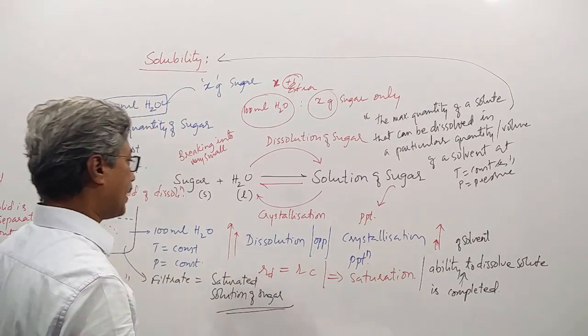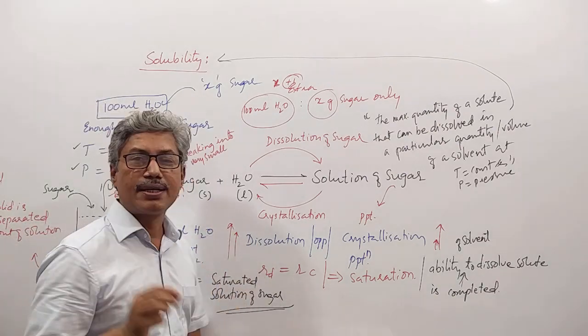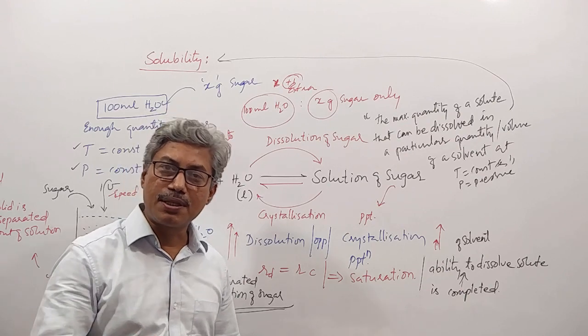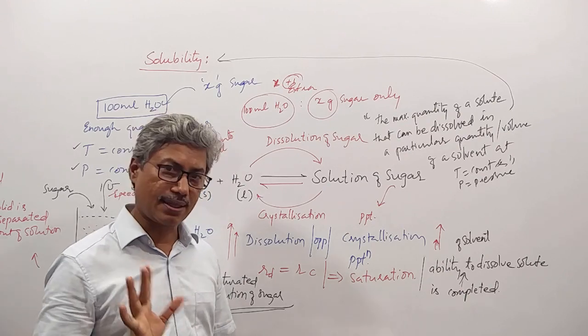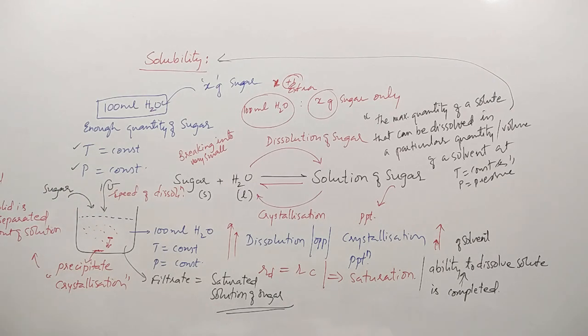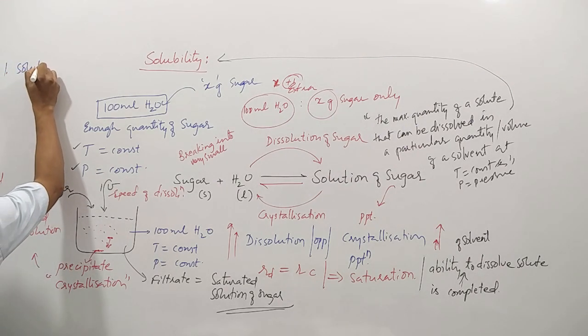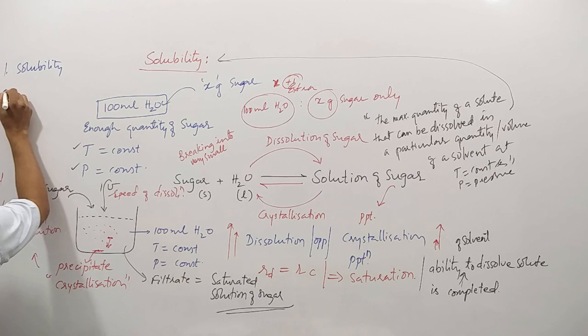Clear? Okay. What do you mean by dissolution? Dissolution is nothing but the process of making this solute dissolve in the solvent. Clear? Okay. Now what others can we define? See here, here we can define one is solubility.